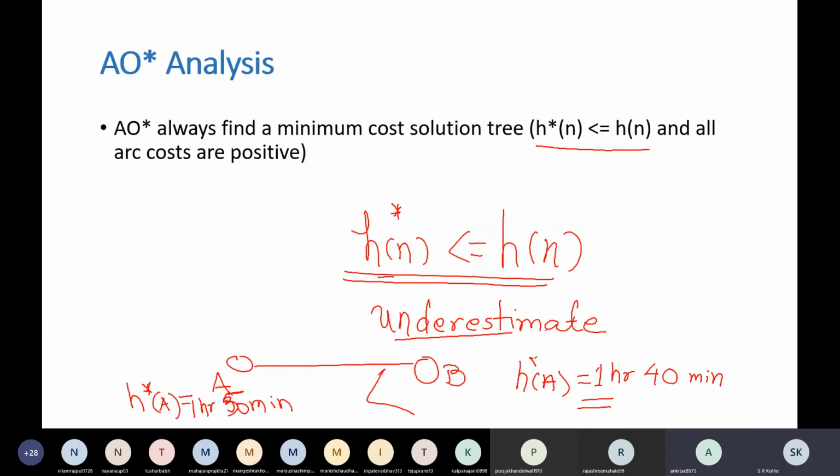Because we always consider estimated cost. We consider the H value, because when you are at A, you don't know how much time it will actually take, so you have to estimate. So what will happen if it is overestimate? You will not get a minimum cost solution. Why?